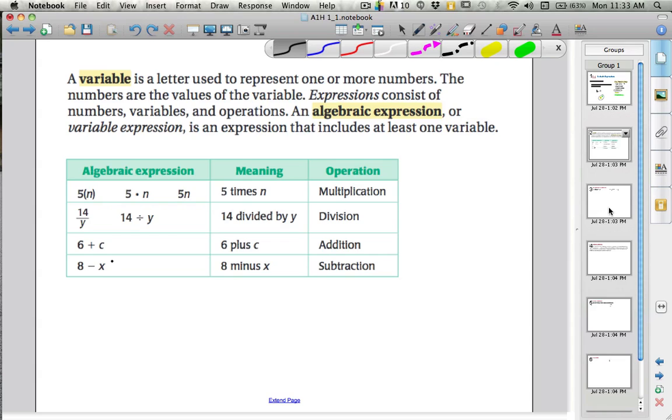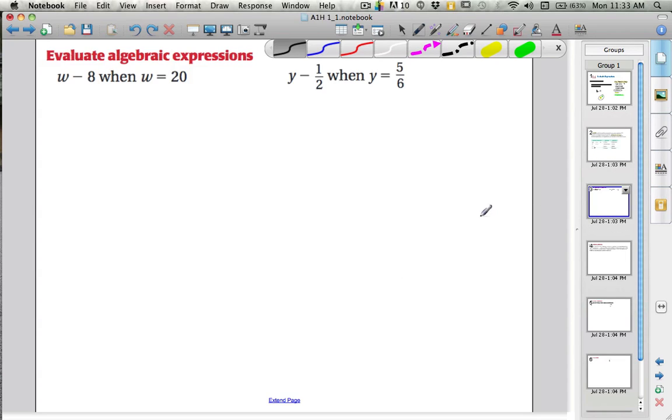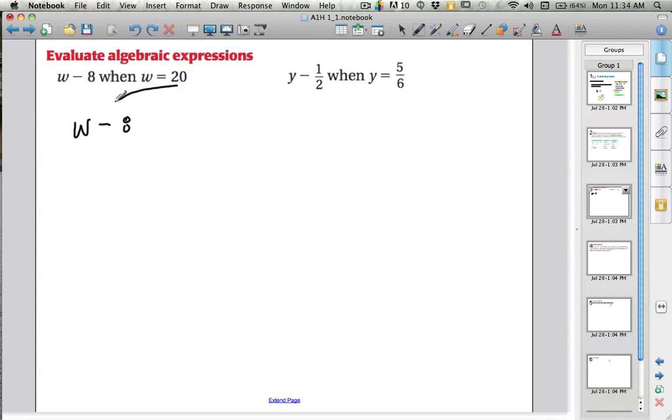involve subtraction. So when we go ahead and evaluate an algebraic expression, my variable has a defined value. So if I'm going to evaluate w minus 8 when w is equal to 20, I'm going to substitute 20 in for the w. So 20 minus 8 would be 12. So the value of w minus 8 when w is equal to 20 is 12.